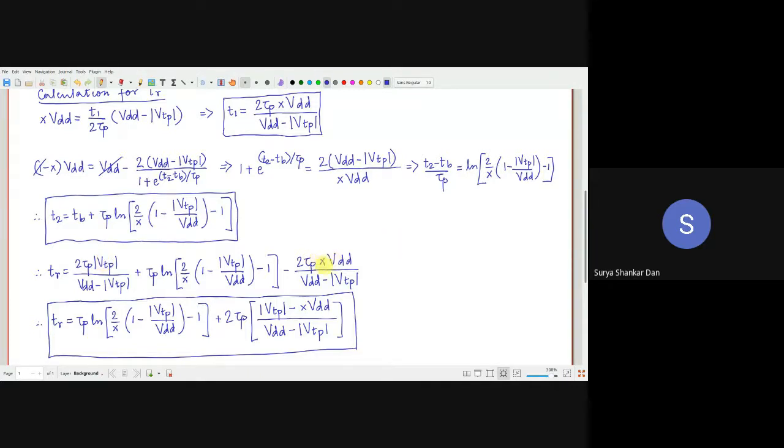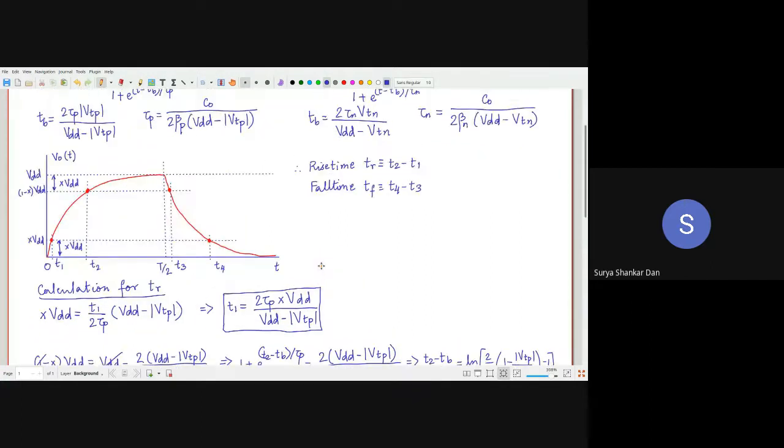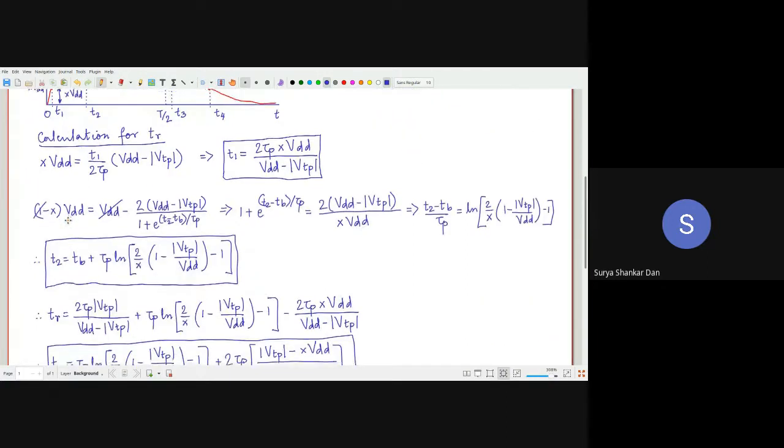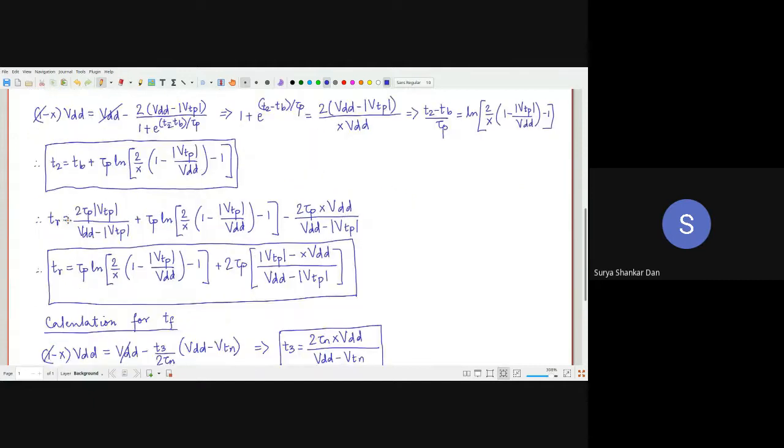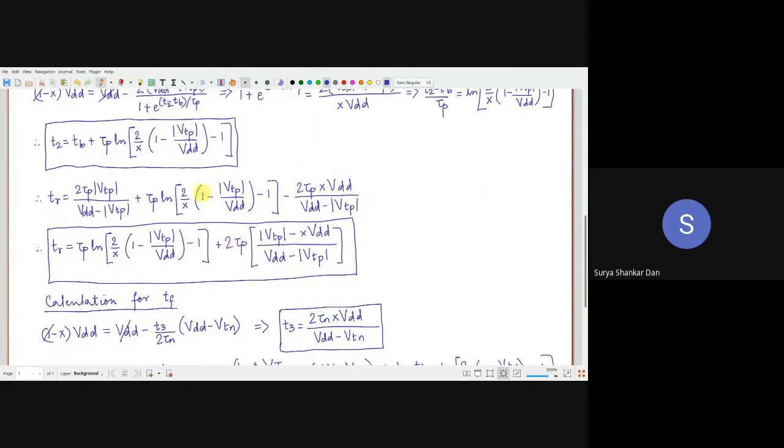With respect to that, X VDD is essentially going to be much less than VT. Obviously it has to be, because VT is the point where it is roughly close to half of VDD, as I said. So I have just rearranged it, and we have seen that with mod of VTP minus X VDD, this is the final expression of the rise time.